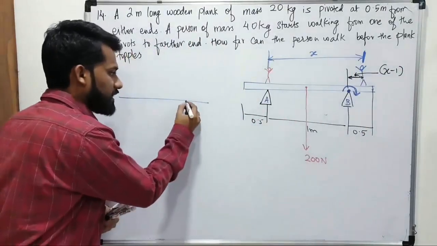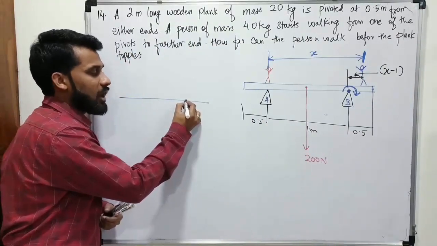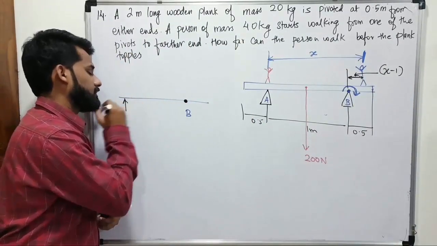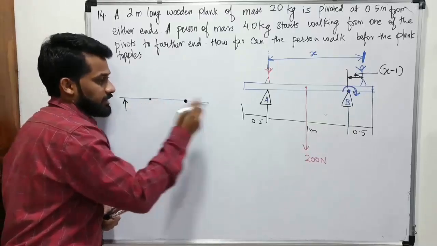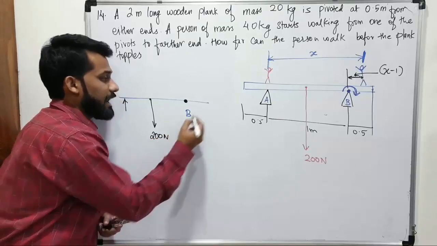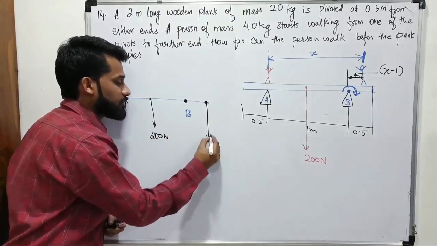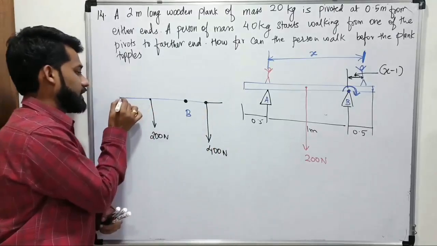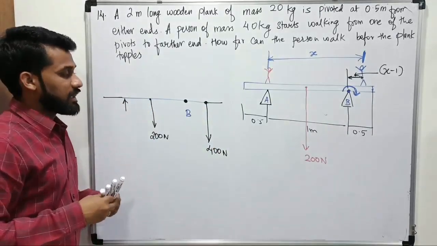So about point B, how many forces are trying to rotate it? Yes, A is trying to push it up. The weight of the plank, 200 Newton, is trying to push it down, and the person's weight is also trying to push it down, which is 400 Newton, which is large. The plank extends up to here, right? So there are three forces.